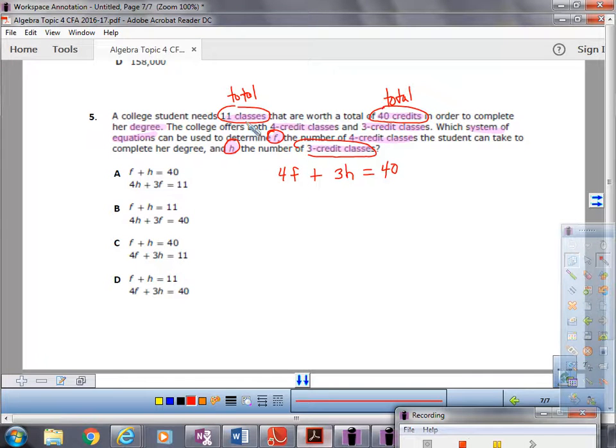So think about it. If the total is 11, that means 4 credit classes plus the 3 credit classes, which is H, would equal 11. Okay, so we look for something that looks similar. F plus H equals 11. 4 is with the F, plus 3 is with the H, equals 40. There we go. The correct answer would be C.